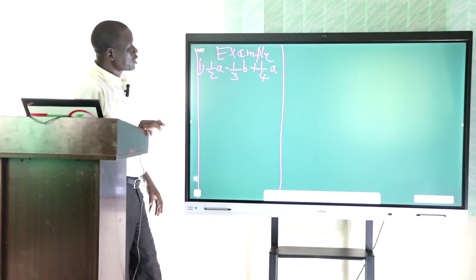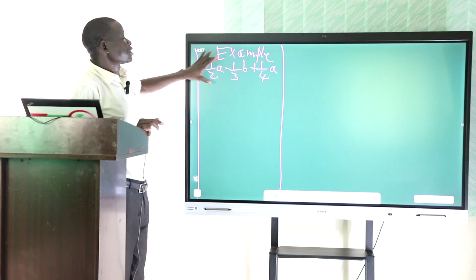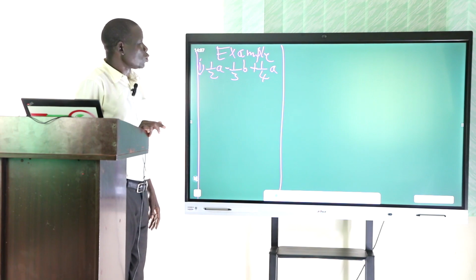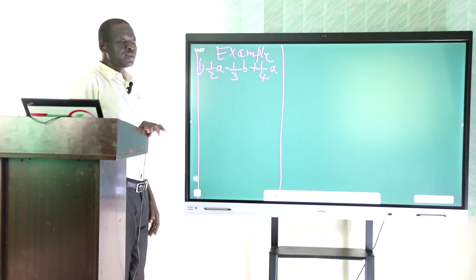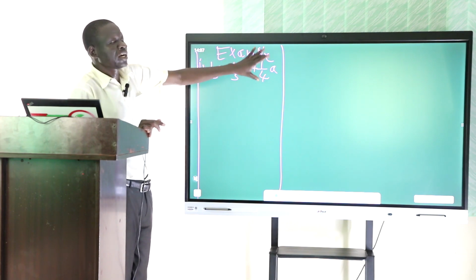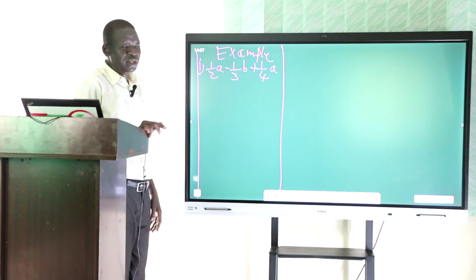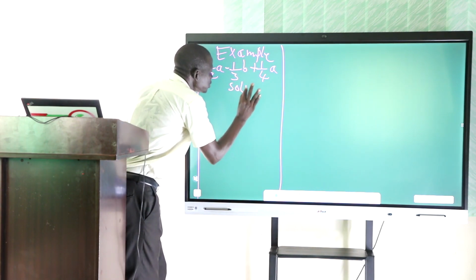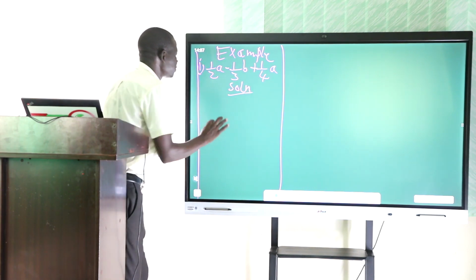So we find that in this expression here, there are some terms, some fractions, which have similar variables, that is a half a and a quarter a. Bring them together. So here what we shall do, we shall begin by collecting like terms.